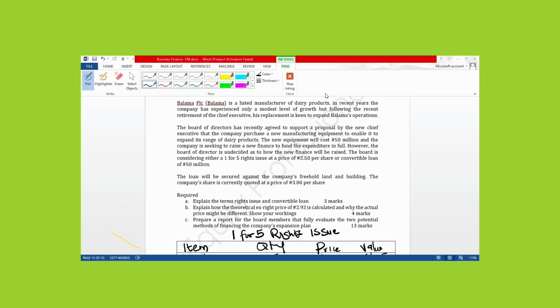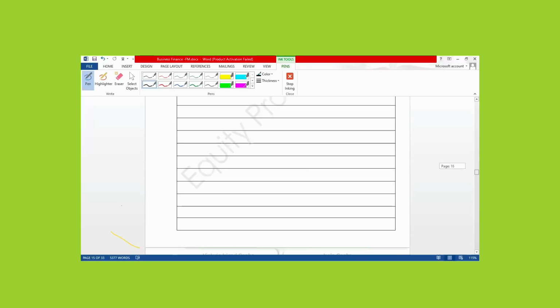Now the question is, why would the actual price be different from the calculated theoretical strike price? There are three reasons. Let's go to it.